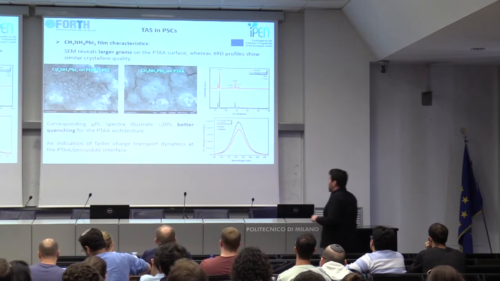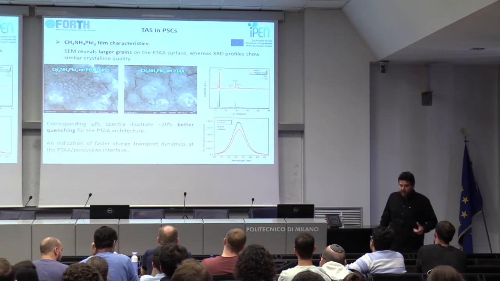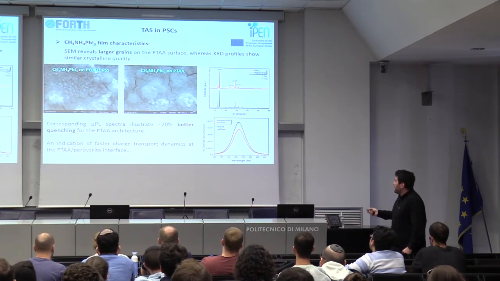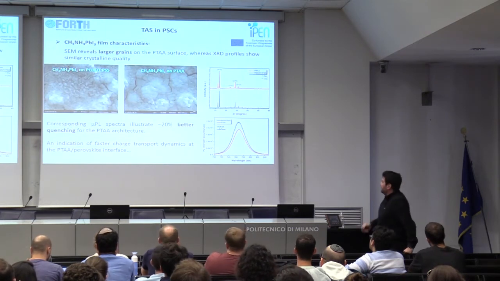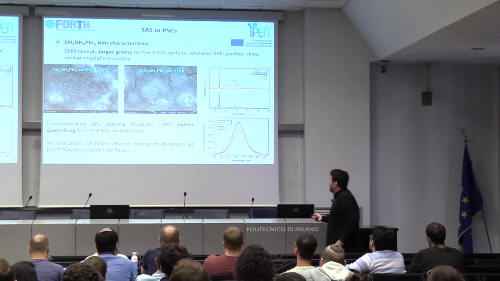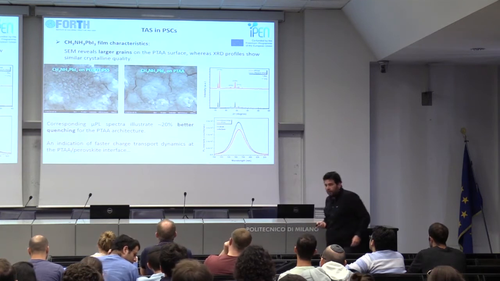Now, as I said, we would like to see what will be the difference in the perovskite morphology when you grow the perovskite on top of a different HTL material. And the first evidence comes from the scanning electron microscopy analysis.